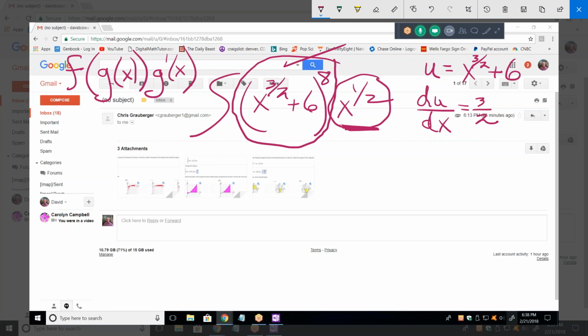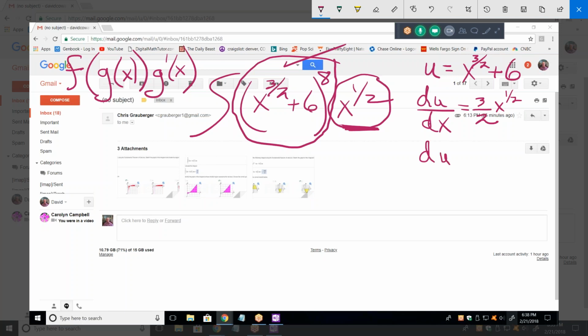In other words, I'm following a pattern that never changes. I always start with the exponent. When I'm done, I subtract 1 from the exponent. Okay. Now notice that I've got my x to the 1/2. I still have this 3/2 here, but I can take care of that, and I'll show you how.